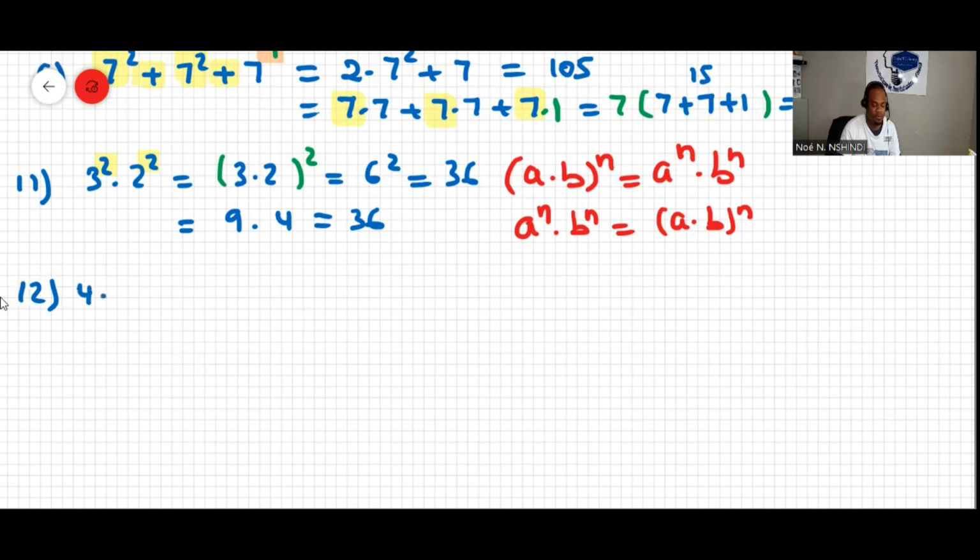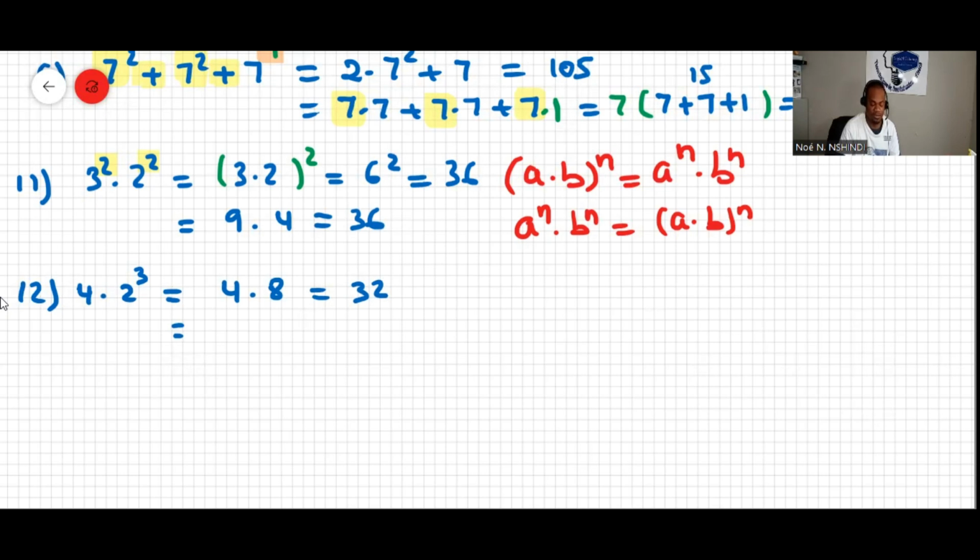When we have 4 times 2 to the power 3, we can say 4 multiplied by 8 because 2 to the power 3 is 8, and then we get the answer 32. We can do that. Or someone else may transform 4 in terms of its prime factor.